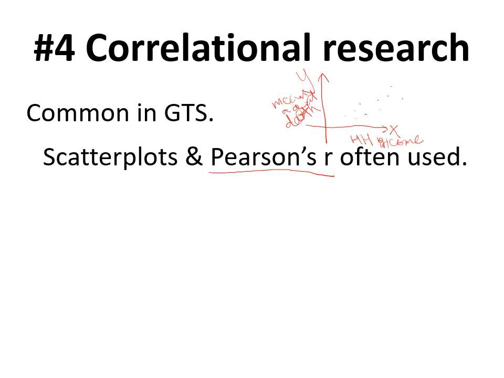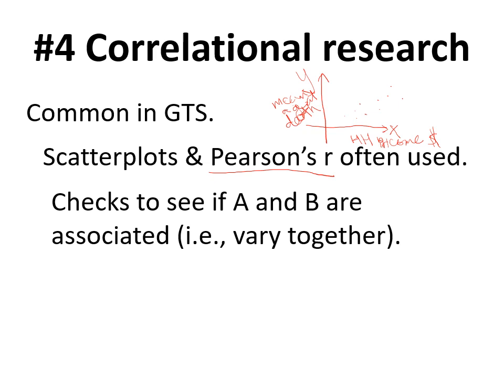So in general, as household income gets bigger, so we're measuring that in Canadian dollars, as household income gets bigger in a community, on average, the mean age at death tends to increase. So that's a simple example of correlational research.